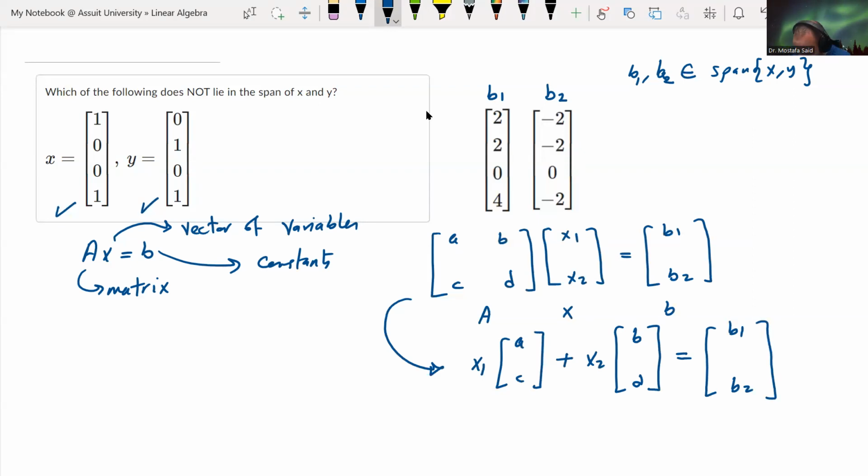What does that mean? This is basically X1, which is just a number belonging to R, like 1, 1.5, a million, whatever.